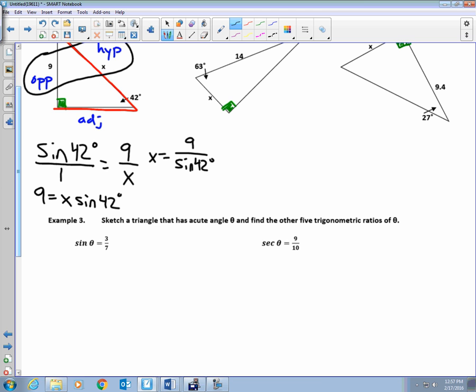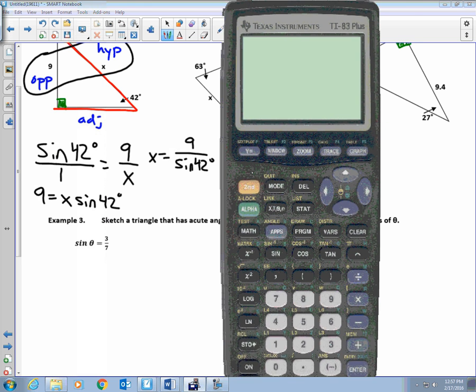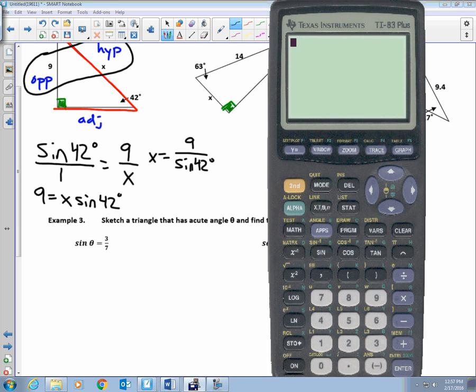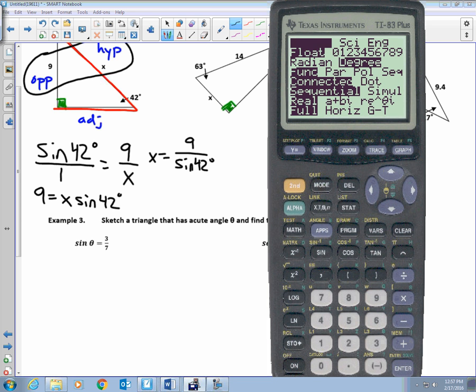Now, for all of those of you who do not have a calculator, now you understand why it is paramount that you have one. Because I dare anybody to tell me without the use of your calculator what the sine of 42 is, correct to 4 decimal places. Before you press sine, please press mode and make sure that you are not working in radians, but because our angle is listed as degrees, you go down and over and press enter on degrees.